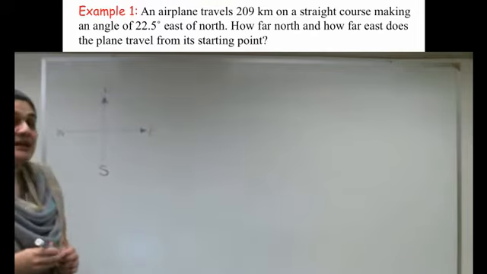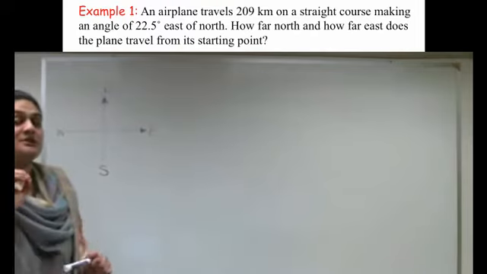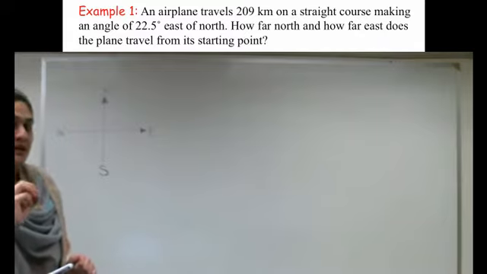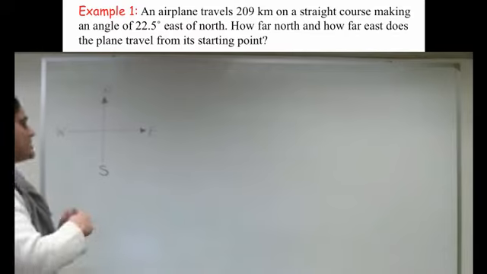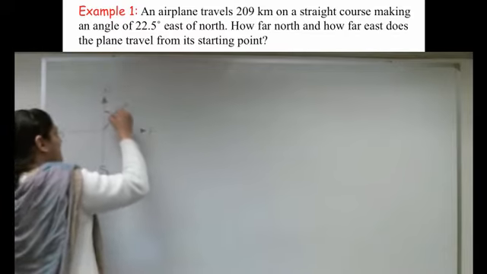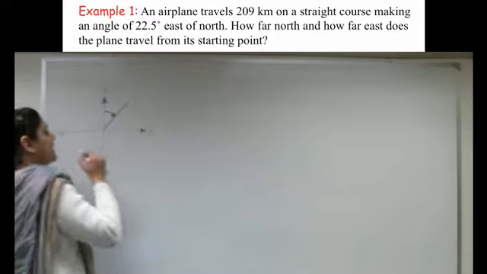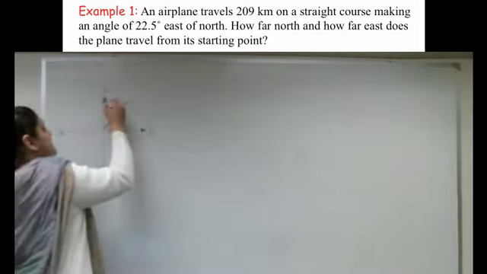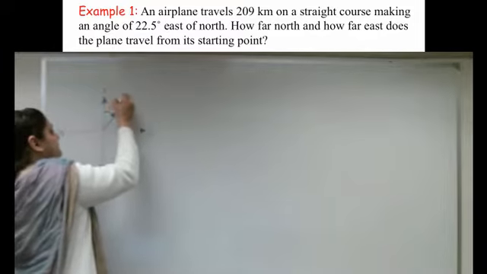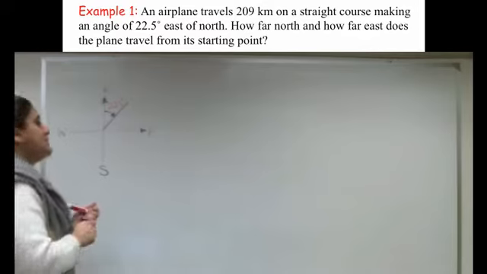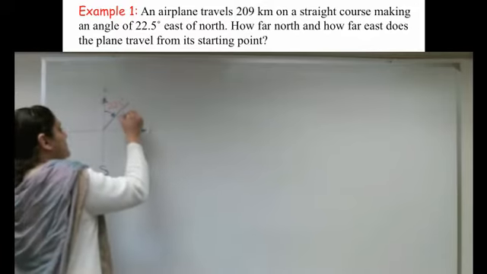Now it's saying that the airplane travels 209 kilometers at an angle of 22.5 east of north. East of north means that we will come towards the east starting from the north. So my 22.5 degrees is this angle, and the length of my vector is 209 kilometers.